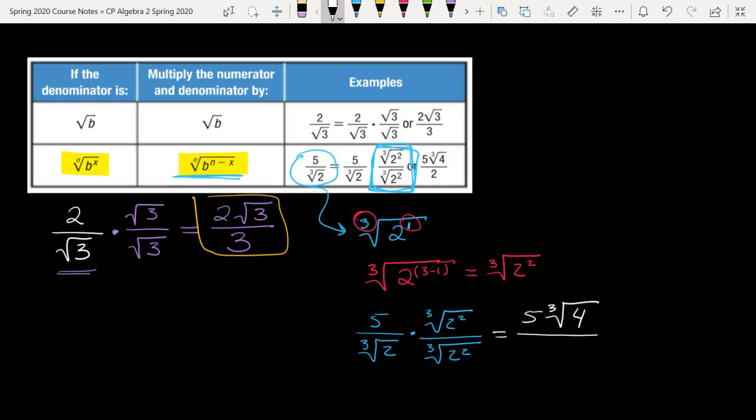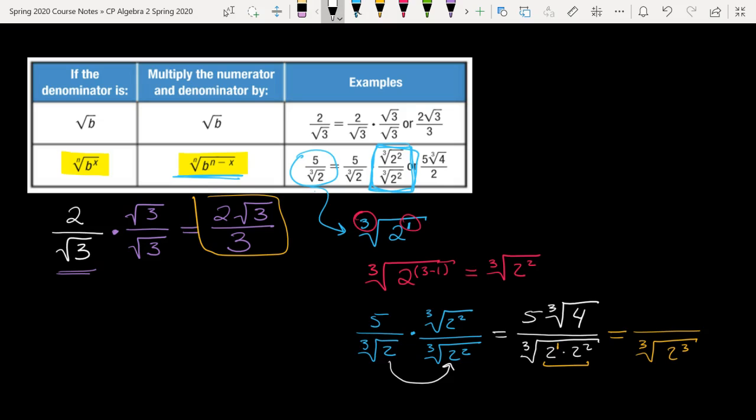In the denominator, however, using the product rule, we can combine the radicands of these two radicals into one cube root. Now, remember, when we multiply two things that have the same base, but different exponents, we add the exponents. So in this case, we're going to get the cube root of 2 to the third power.